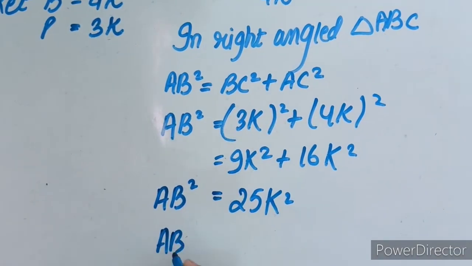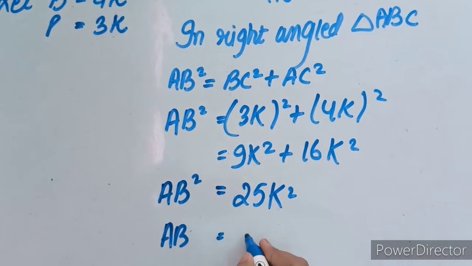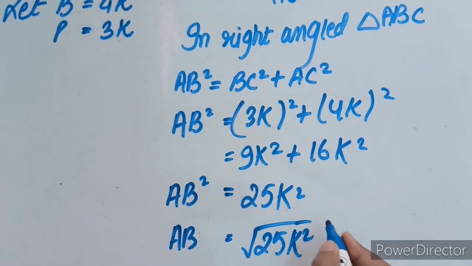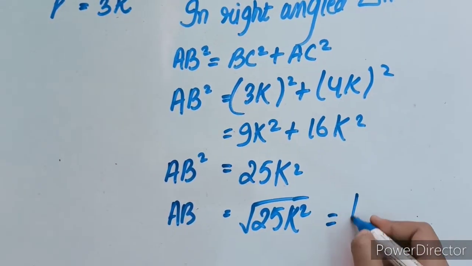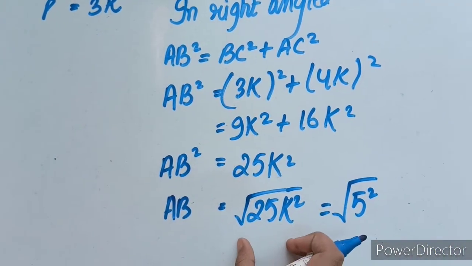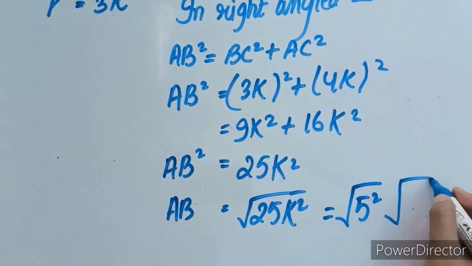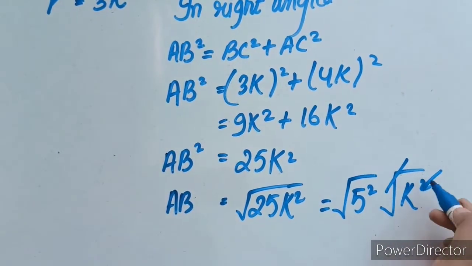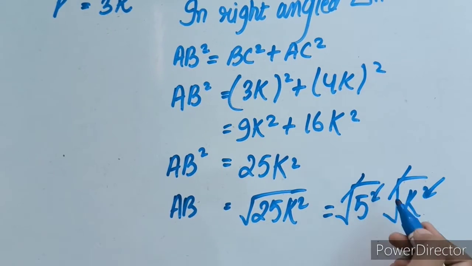From here we can say that AB is equal to under root 25k square. Okay, we know that 25 is 5 square. I am just splitting this under root, so 5 square, and k square also. So here the square is cancelled by the under root.